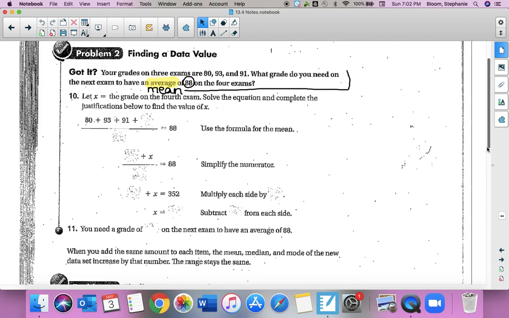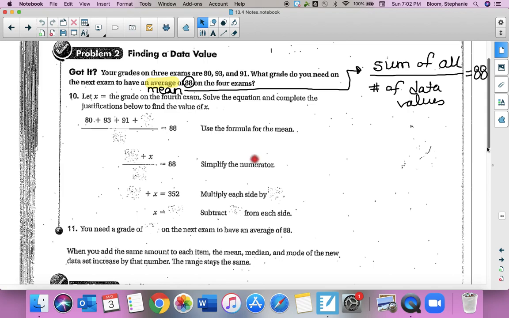So if I'm doing average, remember, average is add them all up, divide by the number of data values that you have, okay? And in this case, if we want the average to be 88, then we're going to set it equal to 88, okay?